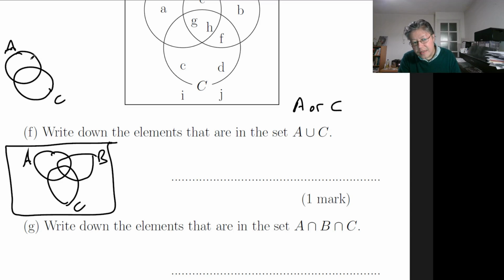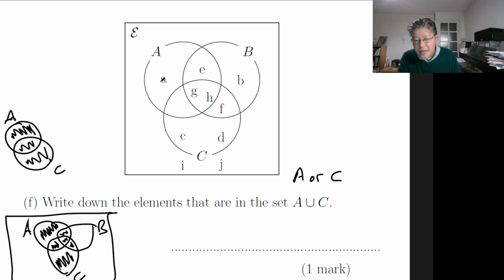A union C will consist of A only, A and C only, the C only bit, but also these overlaps. You have a bit there, a bit here, here and here. So it actually has 1, 2, 3, 4, 5, 6 regions. A union C is exactly the same here, but it's just split up more.